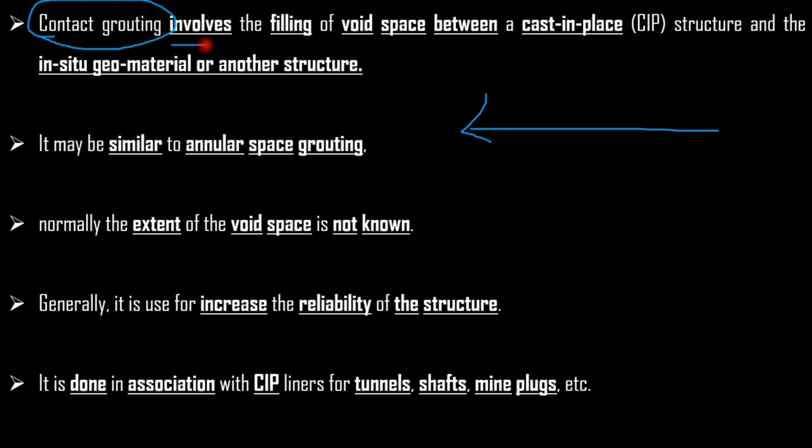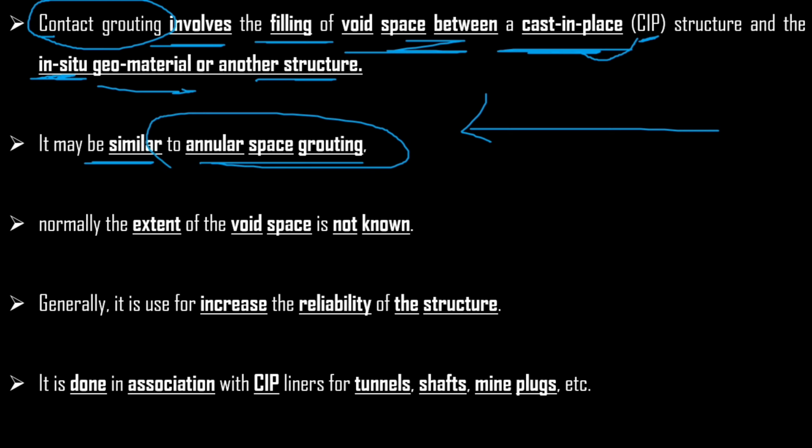Contact grouting involves filling the void space between cast in place, represented as CIP, and other geomaterials and structures. It is a similar process to annular splash grouting, which is not being conducted right now, but we will discuss it later on.